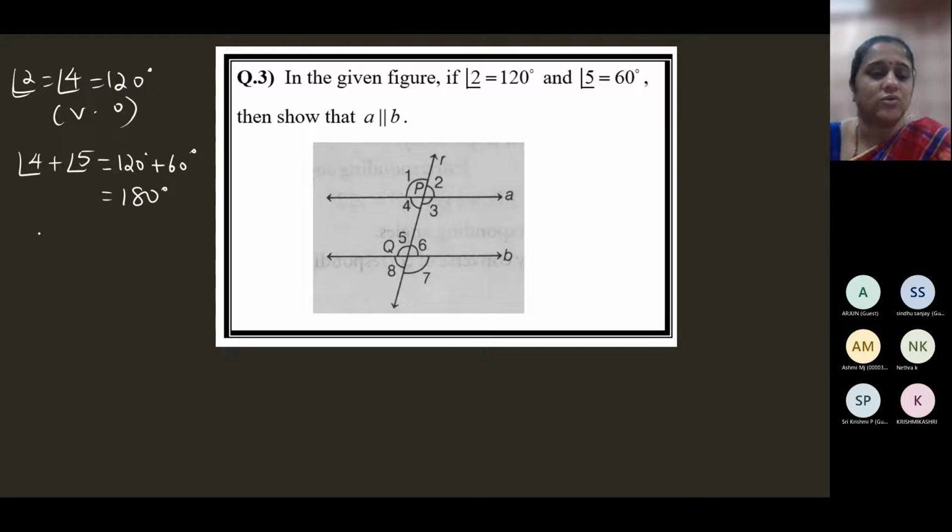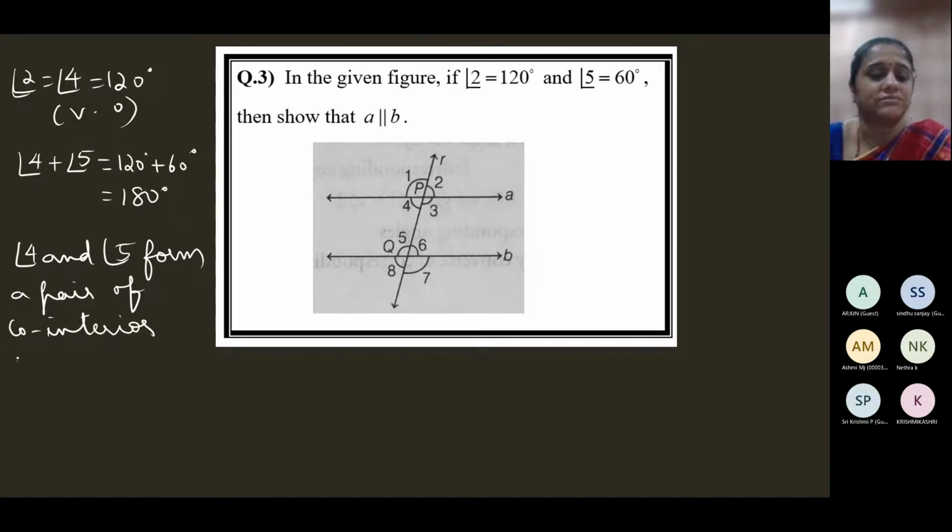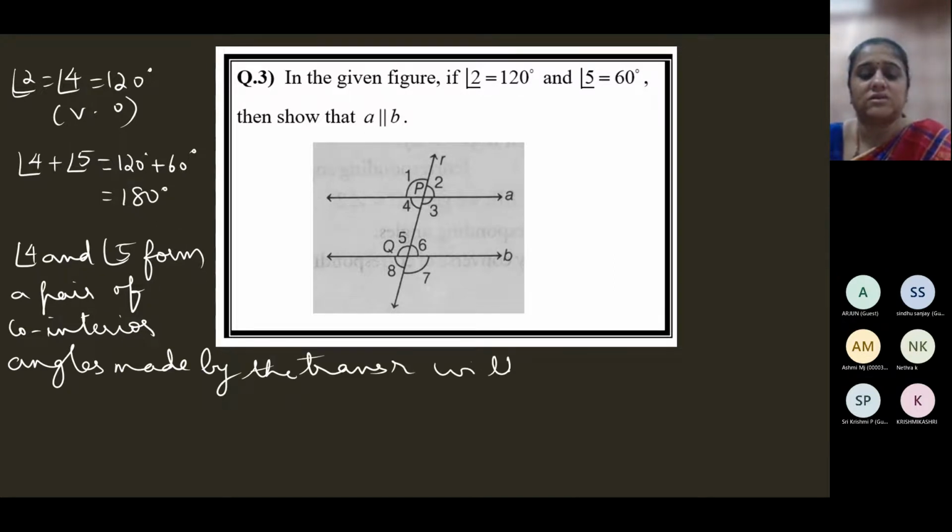So how do you explain that? Angle 4 and angle 5 form a pair of co-interior angles made by the transversal R with the lines A and B and are supplementary.